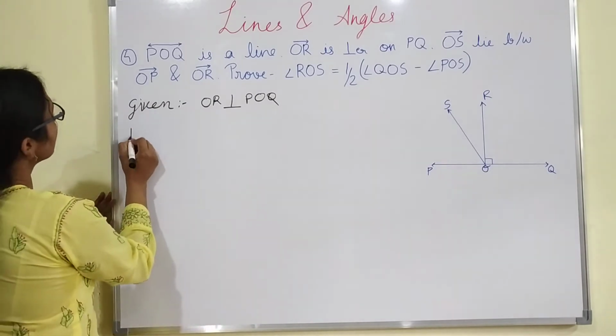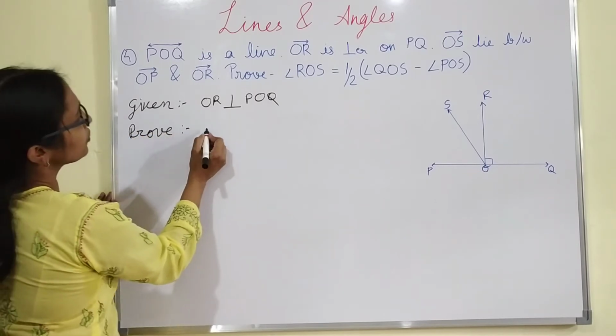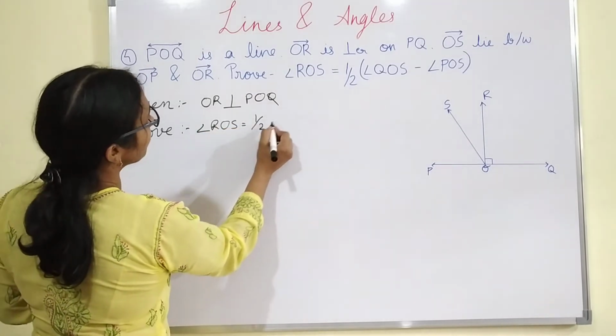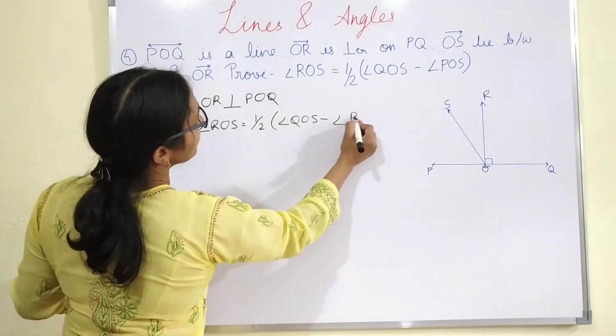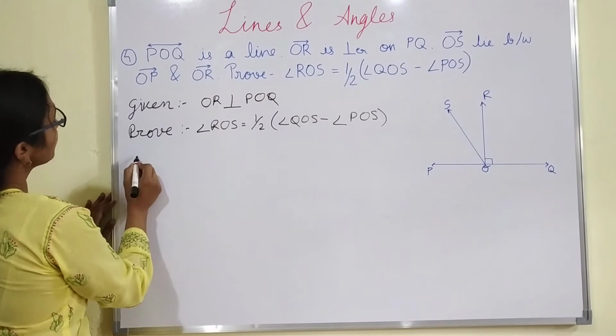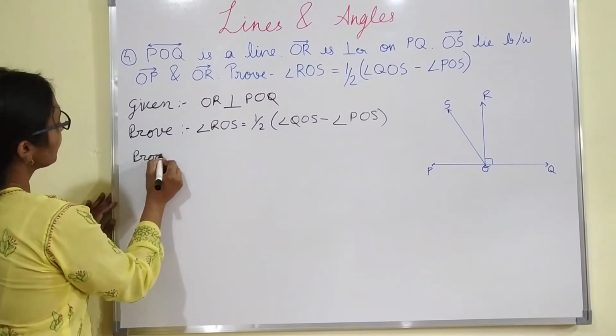Now, to prove is angle ROS equals half of angle QOS minus angle POS. No construction. Now solution, otherwise proof.